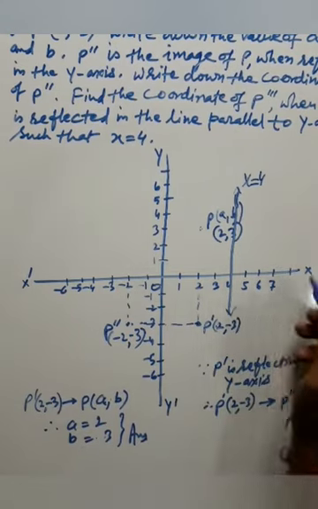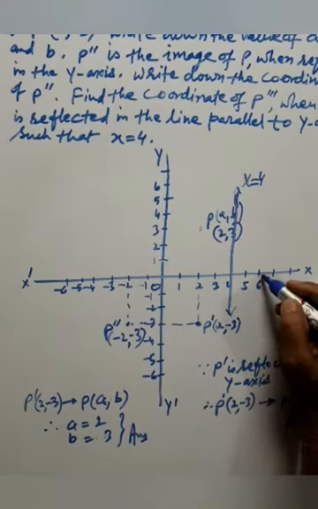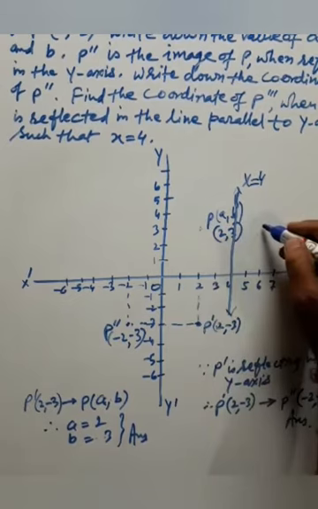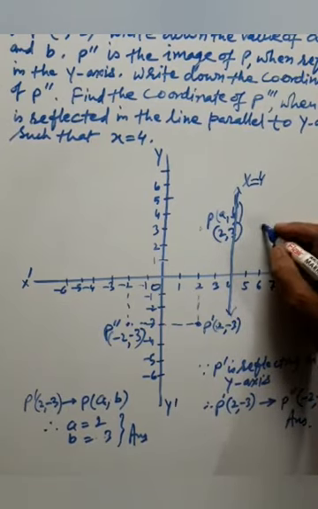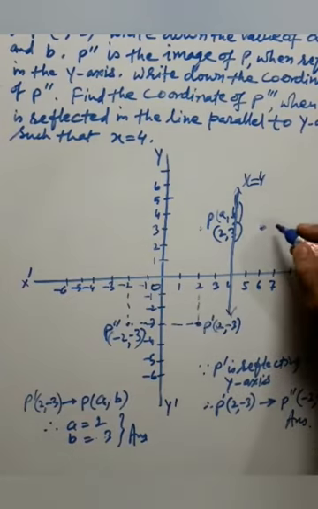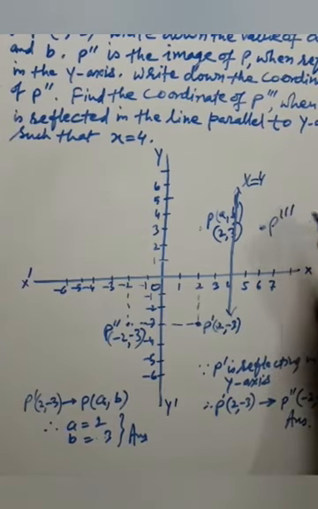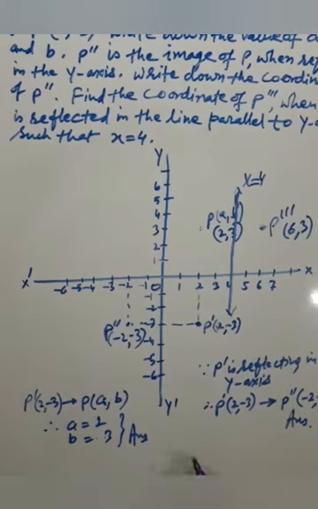So 2 divisions you are getting here, 6. So this is reflecting as P triple dash, and the image will be 6 and 3. Alright, so therefore you write P triple dash will be equal to 6 and 3. So this is the answer.